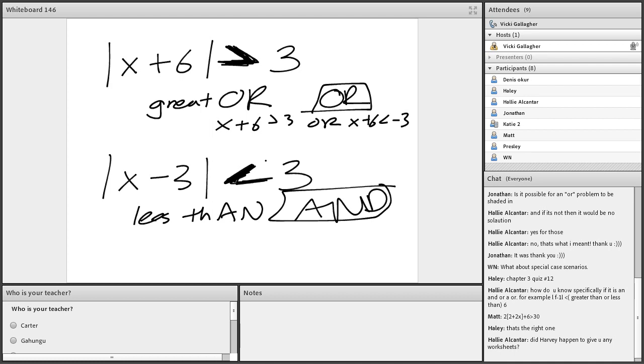So again, when I'm doing these problems in my head, I'm secretly saying x minus 3 less than 3 and x minus 3 greater than negative 3. And so I just kind of say it funny in my head, and that reminds me less than is and, greater is or.